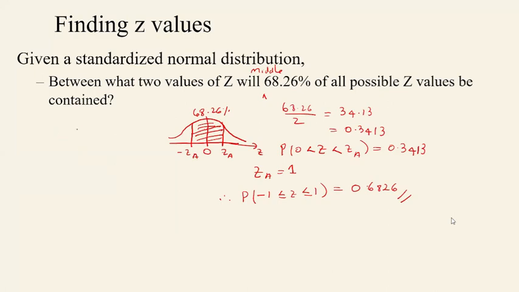So how can you write the answer? 68.26% of all possible Z values will be contained between Z equals minus 1 and Z equals 1.